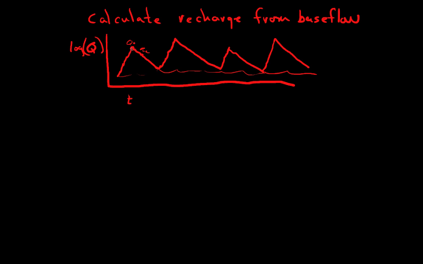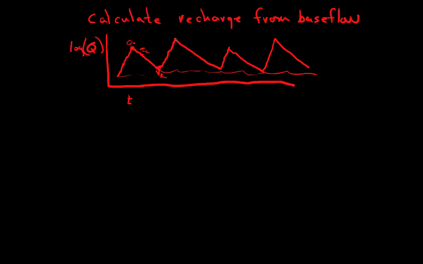But we don't know how much of this water in the aquifer came from recharge and how much water was there at the beginning of the wet season. But now, if we know how much water is at this point, we can figure out how much water is left, V remaining, at the end of the recession.